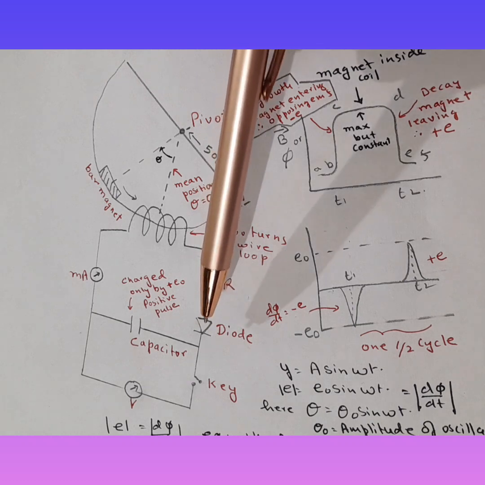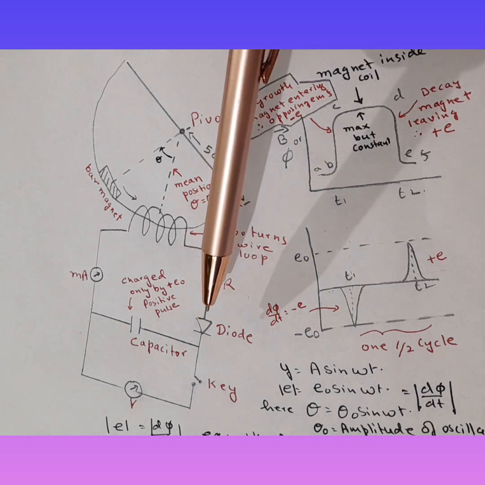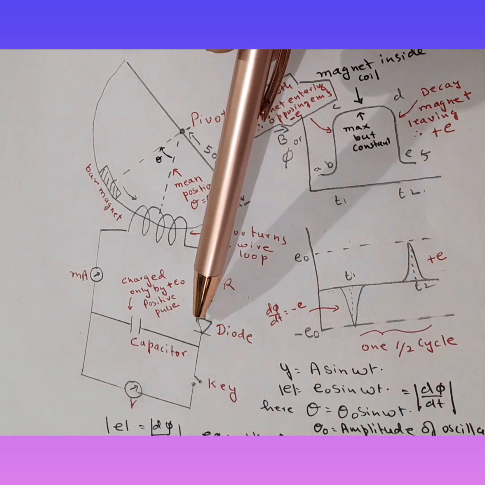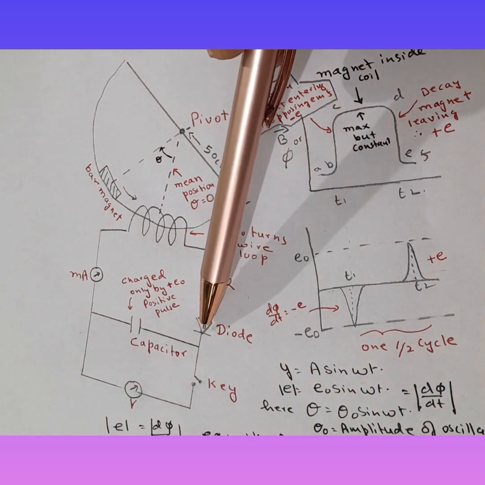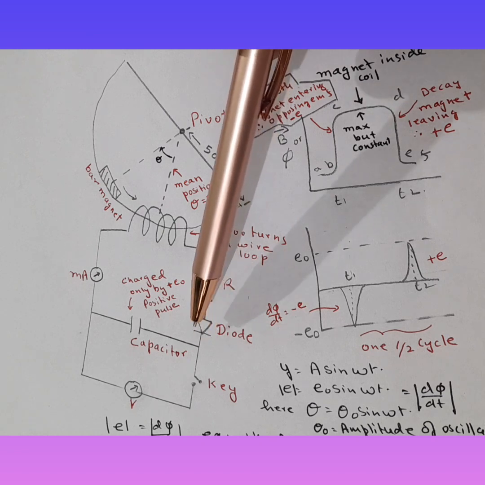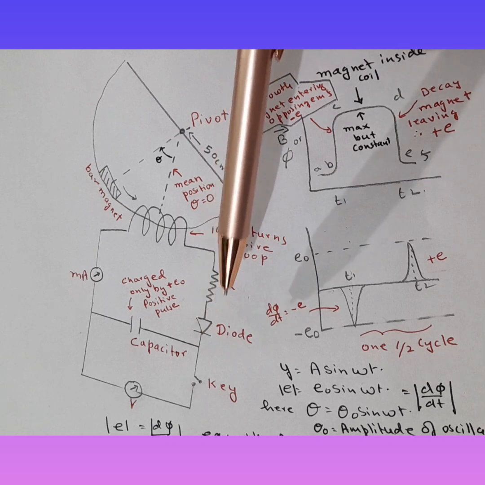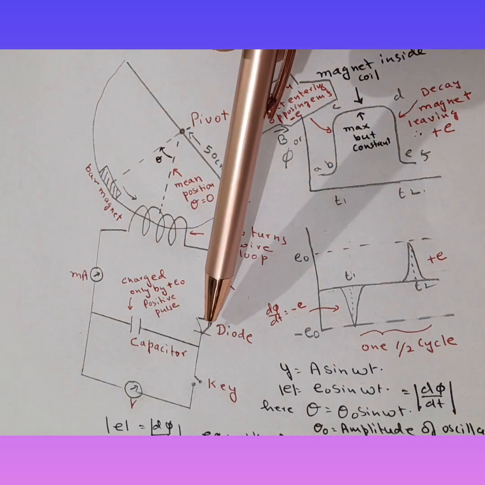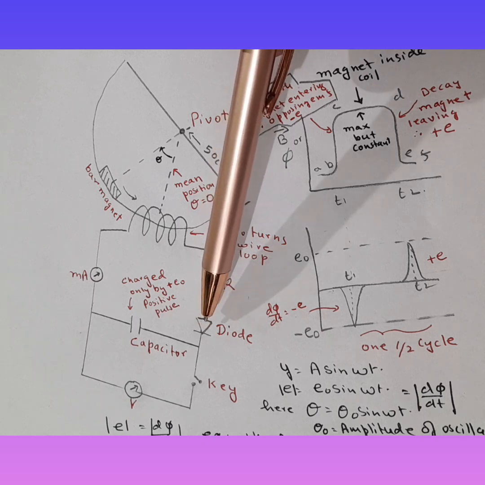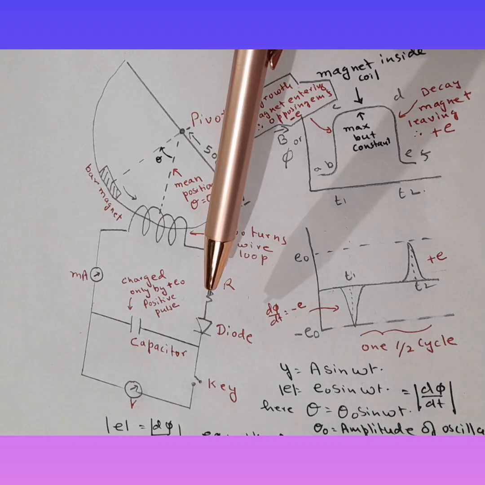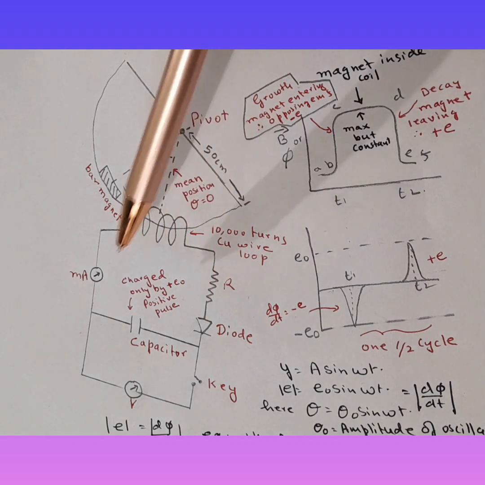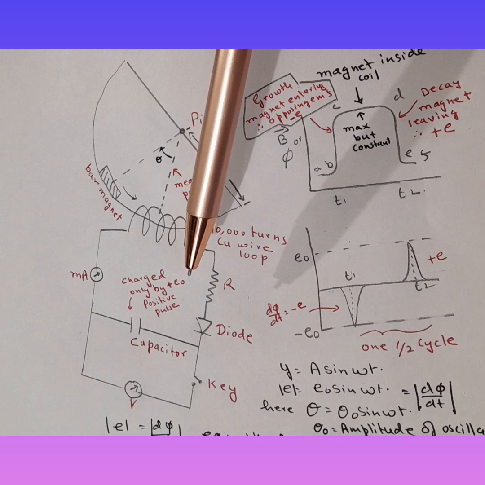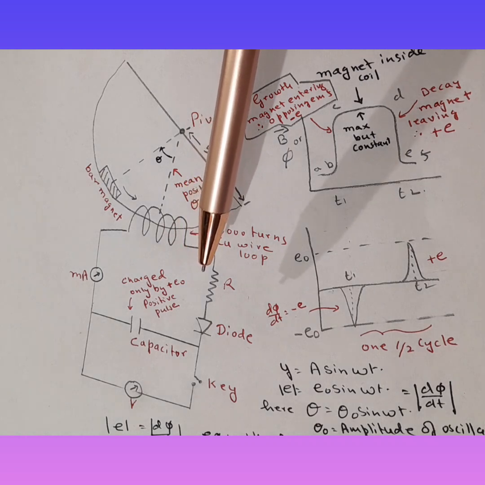This obviously you are aware is the P junction, and this is the N junction. When the positive terminal is connected to the P junction of a diode, it is forward biased. That's what we have studied in semiconductors. Now with all this information, let's proceed towards the process.